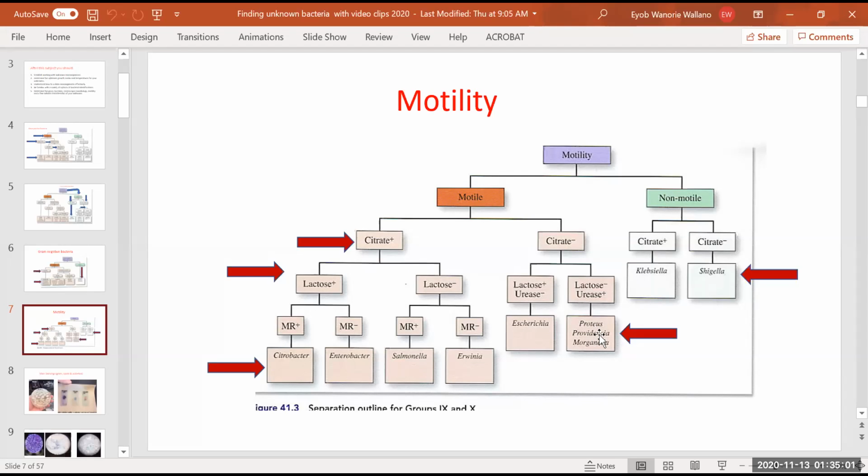Yes, it is motile bacteria, but citrate negative. You see, it's a very complex science. It's very hard mathematics. It is a very complicated design. It's not easy to ask you on the test, it is not easy. It's very complicated with this one. But have an idea now, and then I will go further into what you need to understand.